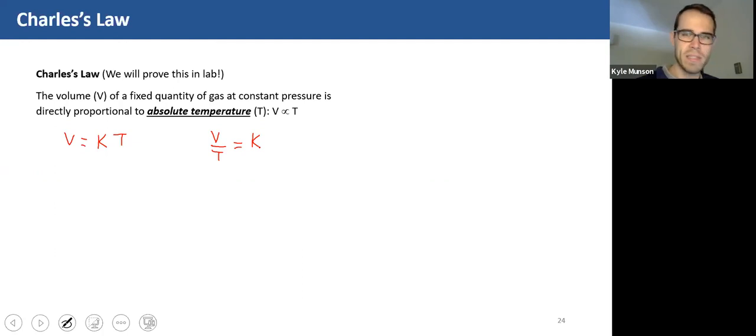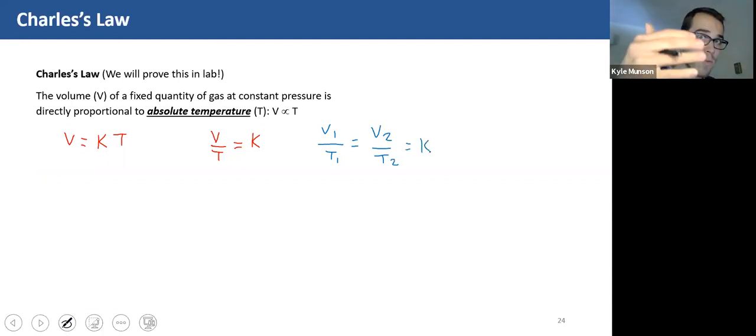From this, it follows then the following equation, which I'll write in this form: V1 over T1 is equal to V2 over T2, which is equal to K. This means that given any volume of an ideal gas at a particular temperature, that ratio should be a constant.